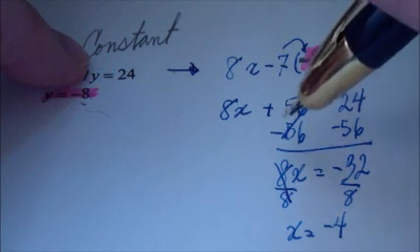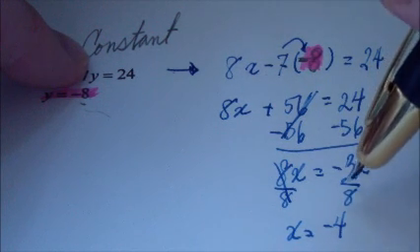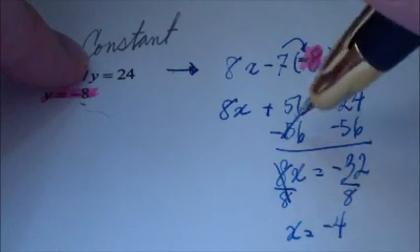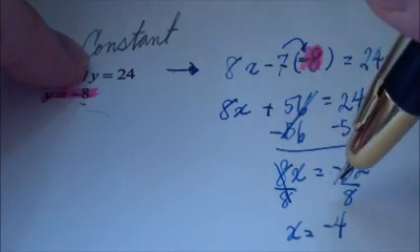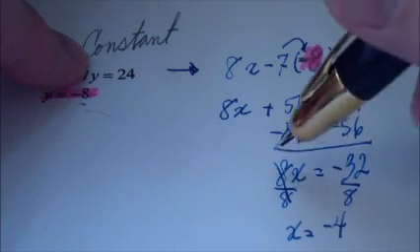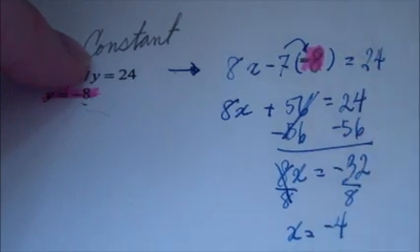And then we just solve. Subtract 56, subtract 56. 24 minus 56, negative 32. These 56 cancel out, leaving us just with our 8x on the left-hand side. 8x is equal to negative 32. Divide both sides by 8. Lo and behold, x is equal to negative 4.